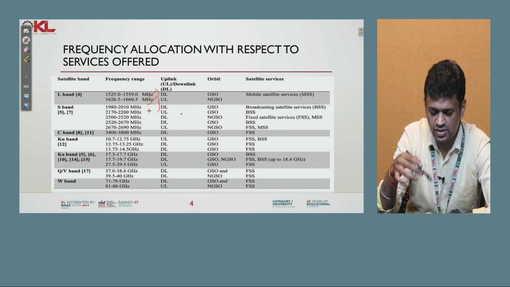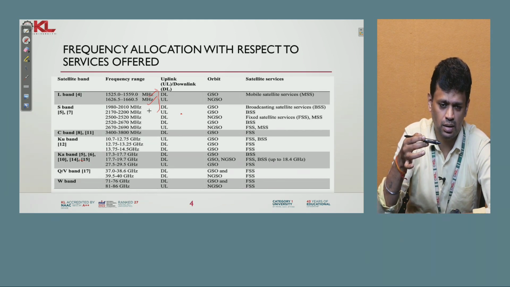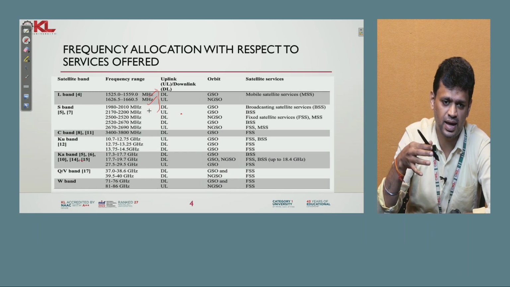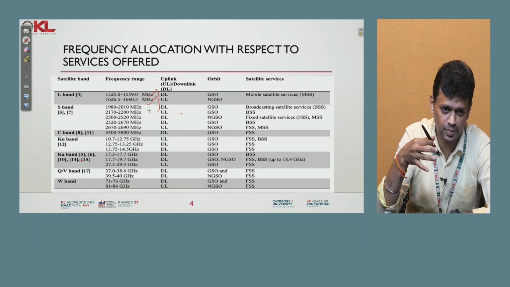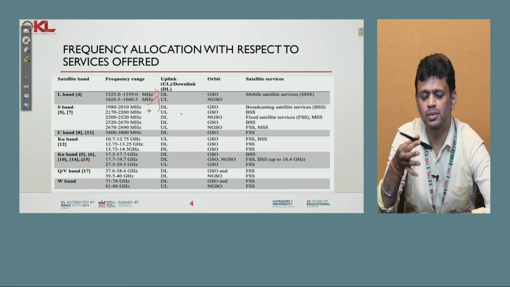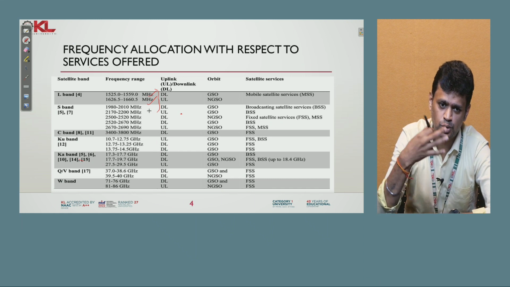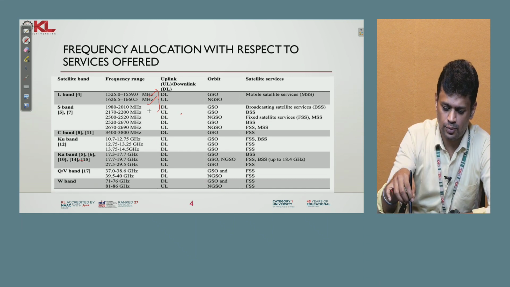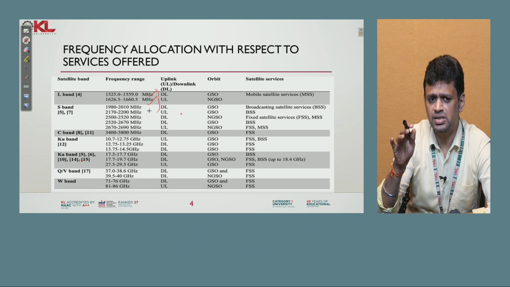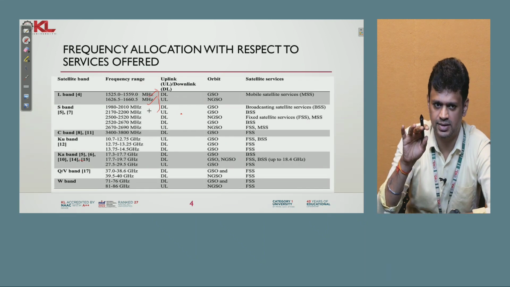As the frequency increases, the path loss increases, and when the path loss increases you need a higher amplifier in the satellite which can amplify the signal to a greater extent. But it is not always desirable to have very high amplification, because sometimes noise will also get amplified. So we often choose the lower frequency, because path loss for a lower frequency signal will be less.